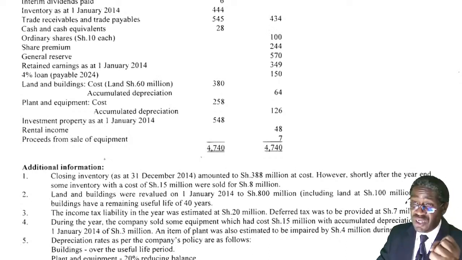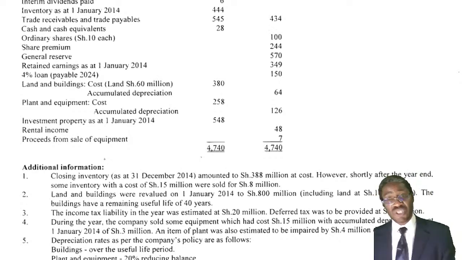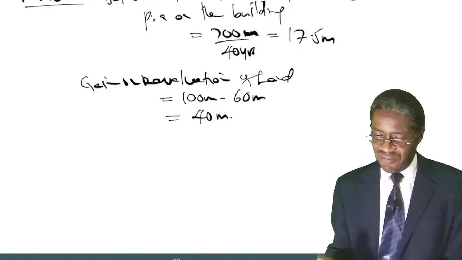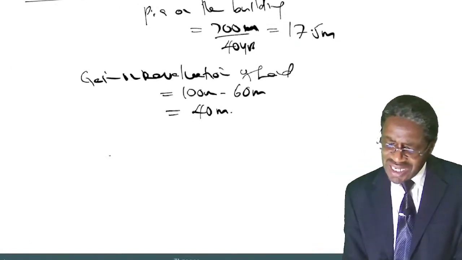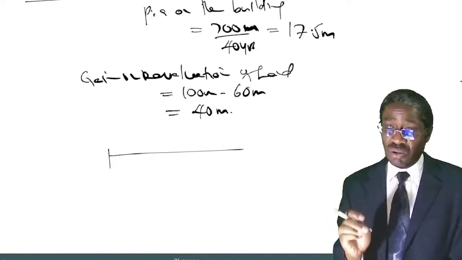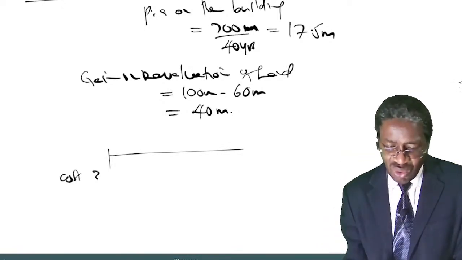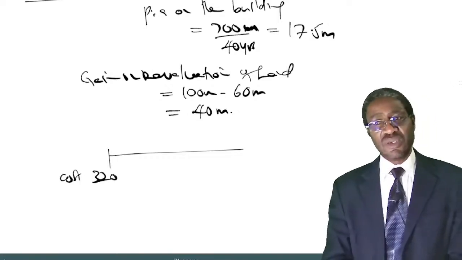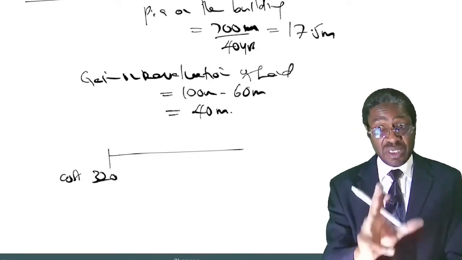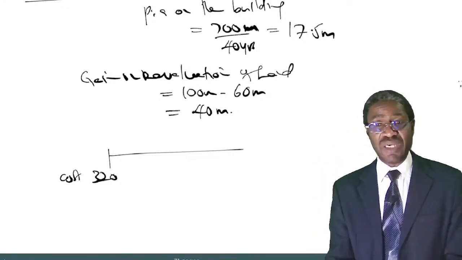So it is obvious you must have been depreciating the building. So let me put it this way now. The cost of the building was 320, we have removed the cost of the land. Land had a cost of 60. Both of them had land and buildings at a cost of 380, you remember, in the trial balance.